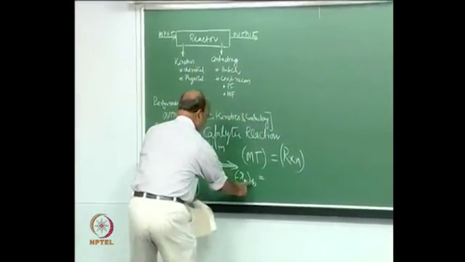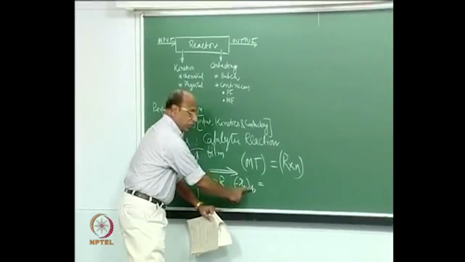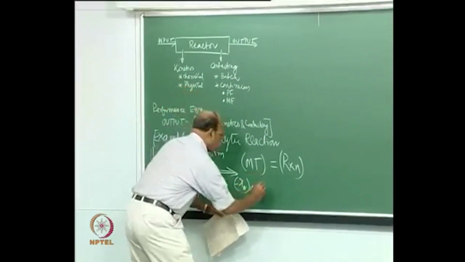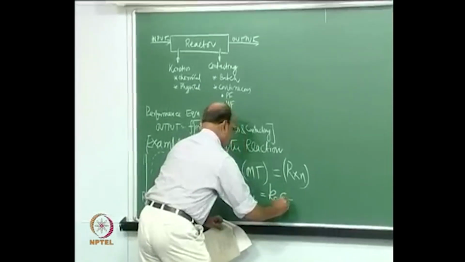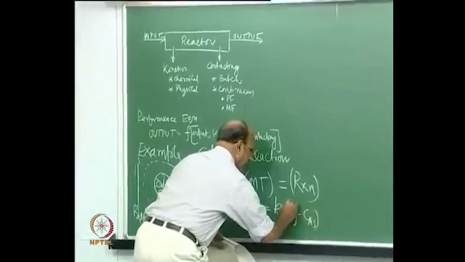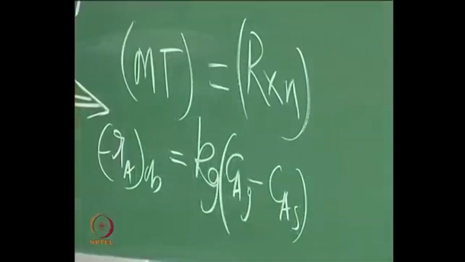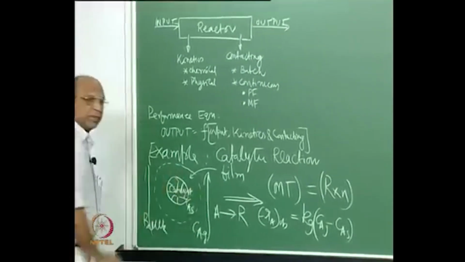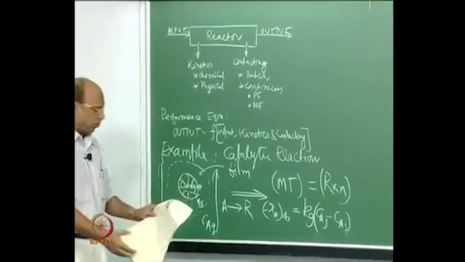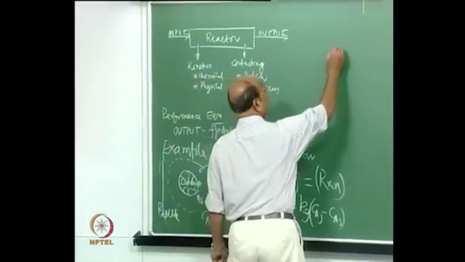So this is the overall rate or observed rate or measured rate, this is what we normally write. The rate equals Kg (CAg minus CAS), which you already know. Okay, I think in between I have missed something here, the model for writing this equation.